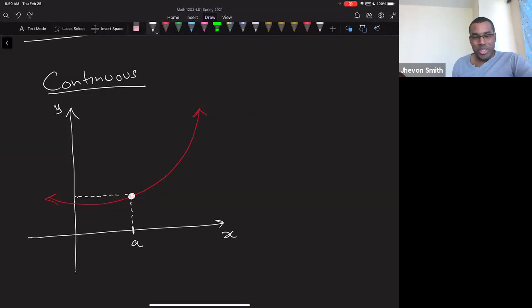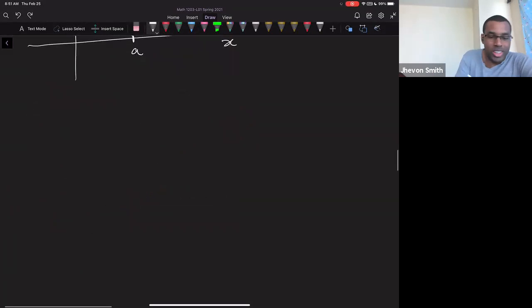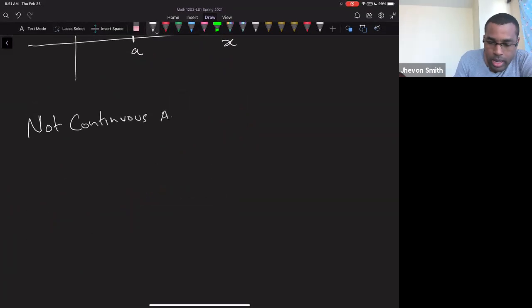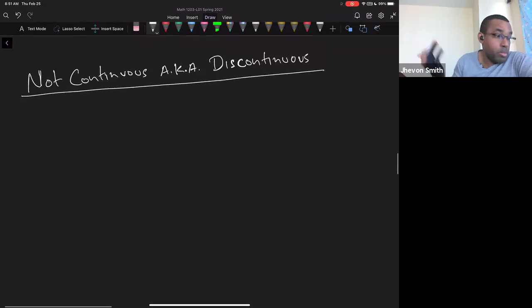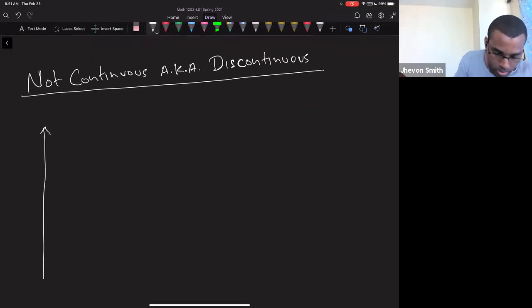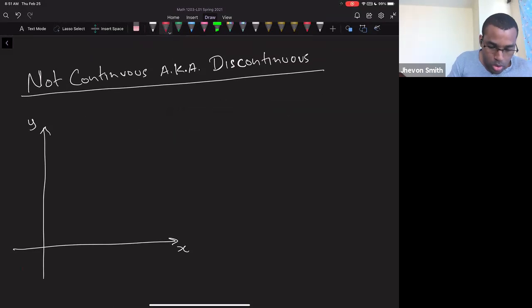So let me show you what not continuous would look like, which we often call discontinuous. Okay, so here are some examples of discontinuous functions. Here's one example, with a hole.